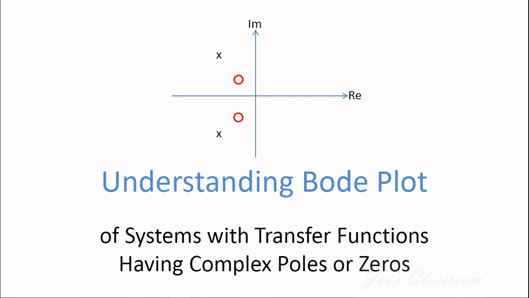Now, the last possibility is poles or zeros lying in the complex plane, as complex poles or zeros. This is what we are going to focus on in this lecture, that is, systems with transfer functions having complex poles or zeros.